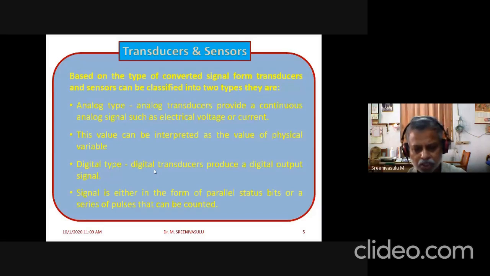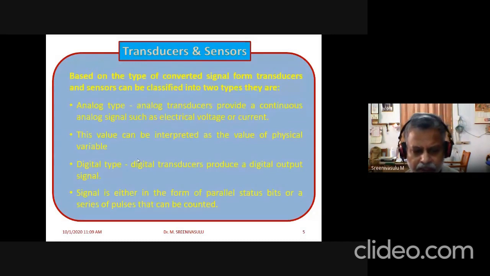Analog type produces analog signal as an output, preferably in the form of electrical voltage or current. And later on, we try to attach some conversion mechanism in order to show the required temperature or required pressure, whatever it is.